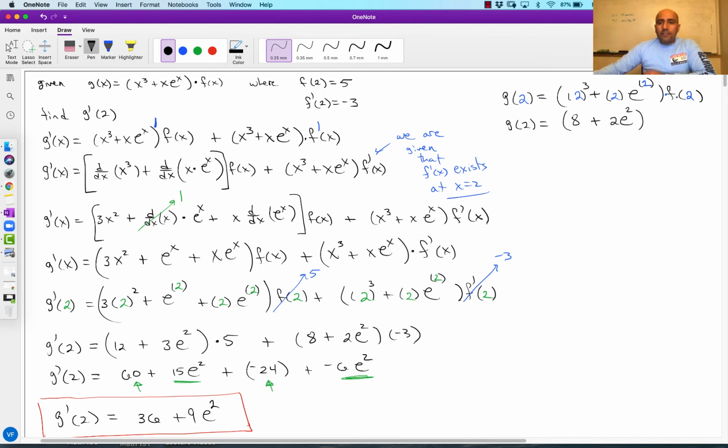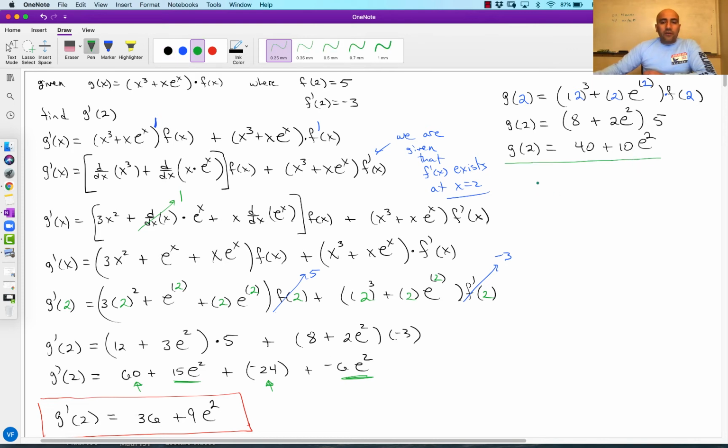And then the whole thing gets multiplied by f of 2, which is 5. So then we can simplify again and say that g of 2 equals 40 plus 10e squared. Okay, so we have a value of g of 2, and we have g prime of 2.